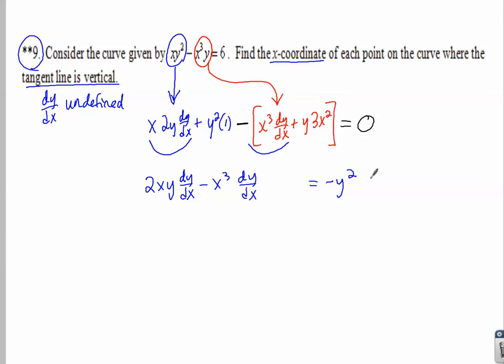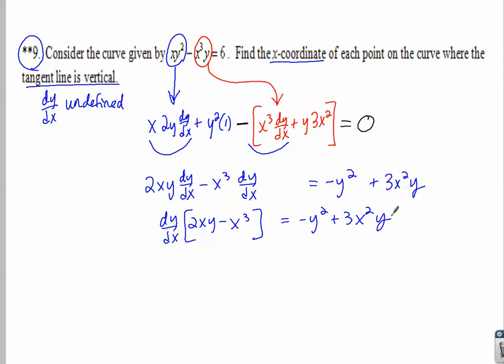So when I send it to the other side, it's a positive 3x squared y. Alphabetize. Now we can factor. dy dx factored out. 2xy minus x cubed left over equals negative y squared plus 3x squared y on the other side. And divide. dy dx is negative y squared plus 3x squared y over 2xy minus x cubed.